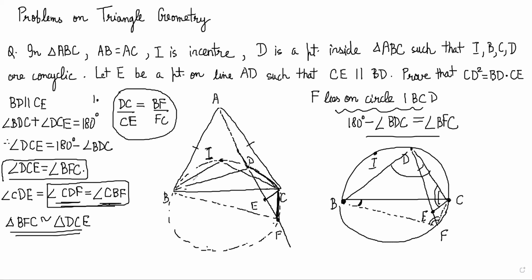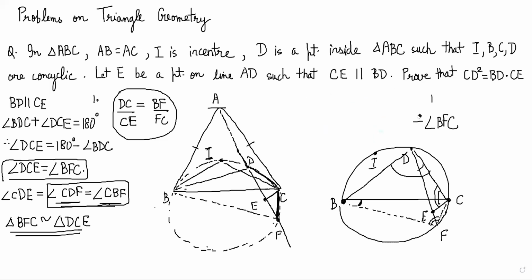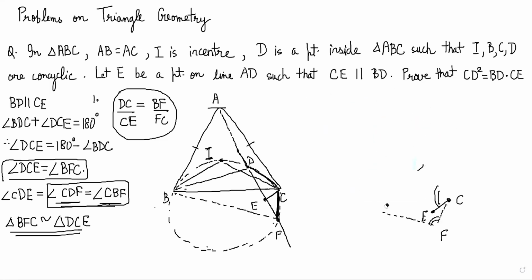Now I want to show that the sides AB and AC are tangent to the circle. How do I show that? Think about it. I have the alternate segment theorem, right? In any circle, you have an alternate segment theorem.